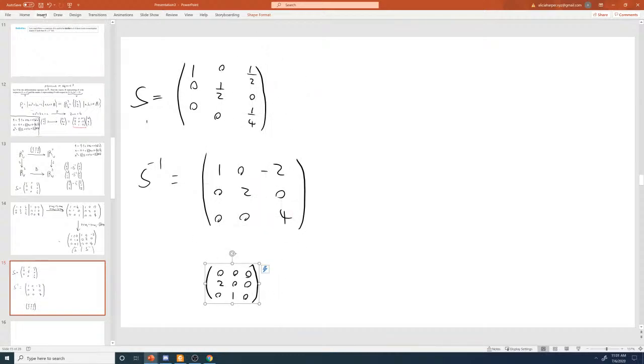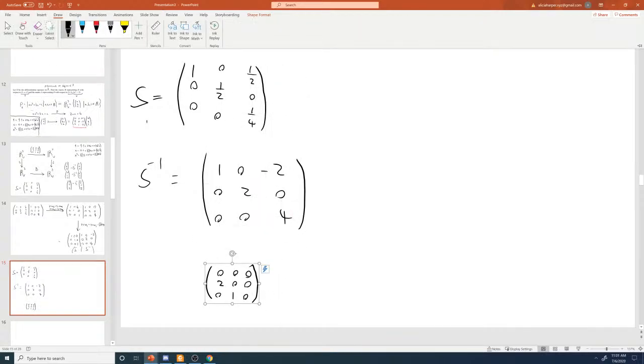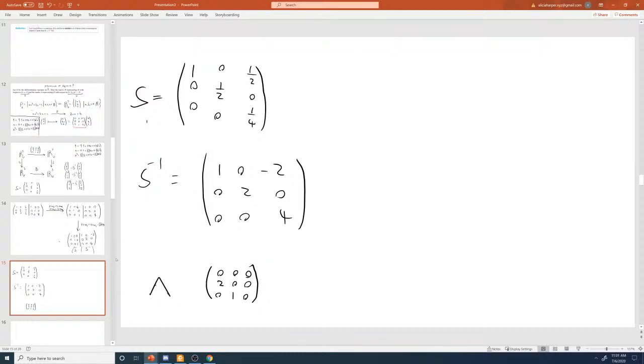Or I'm sorry, this was my matrix A. And now I note the relationship between these three matrices and the matrix B, which is that B is going to be equal to S times A times S inverse. So this is the calculation that we need to do.